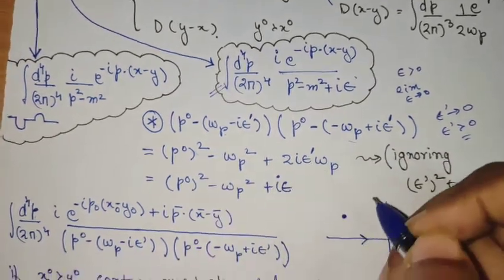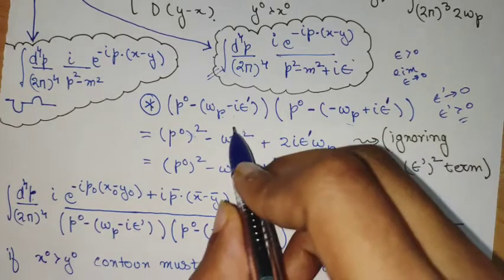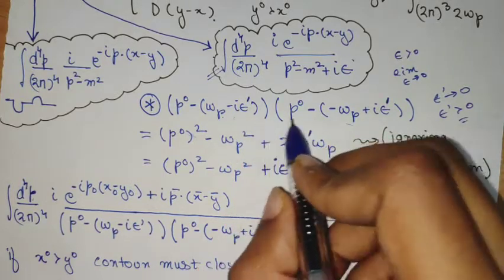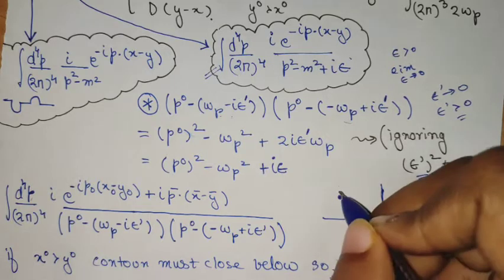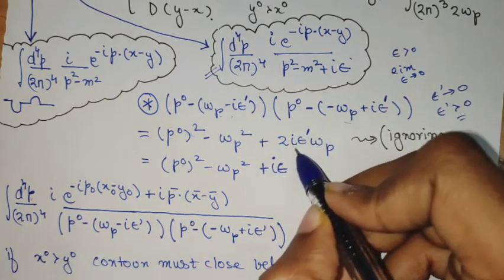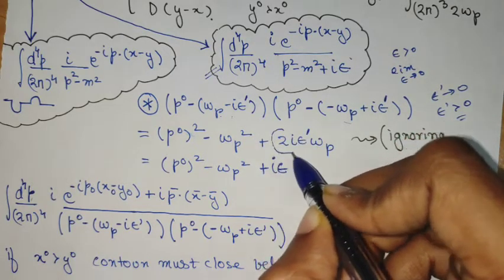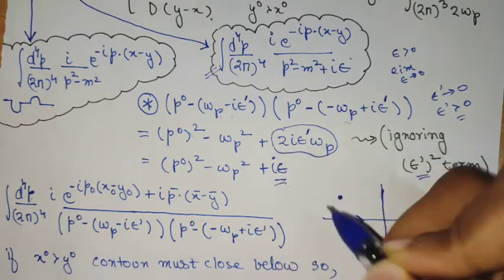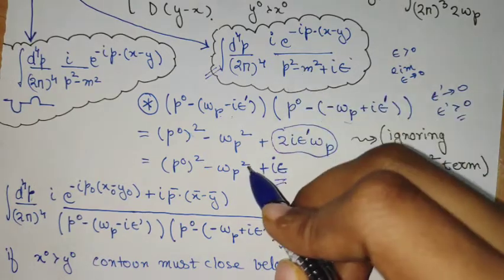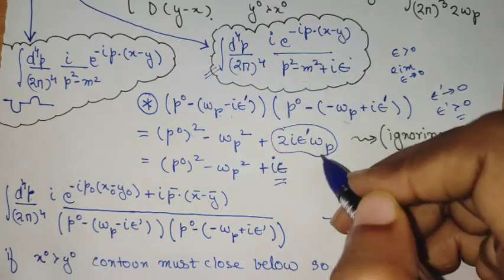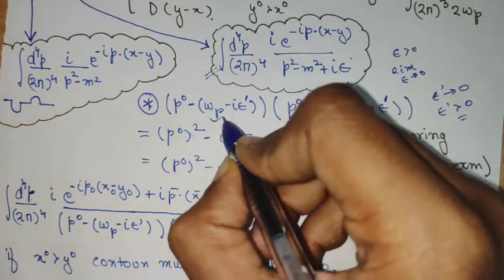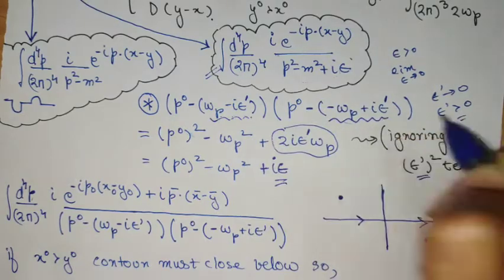If we multiply this out term by term, and ignore the epsilon prime square term, and as epsilon prime is very small, we denote this entire term as i epsilon, we see that this and this are the same. So in other words, I can factorize this denominator into two roots. So this is one root and this is another root.